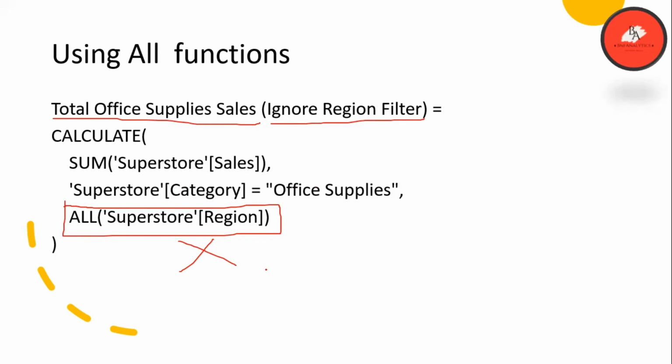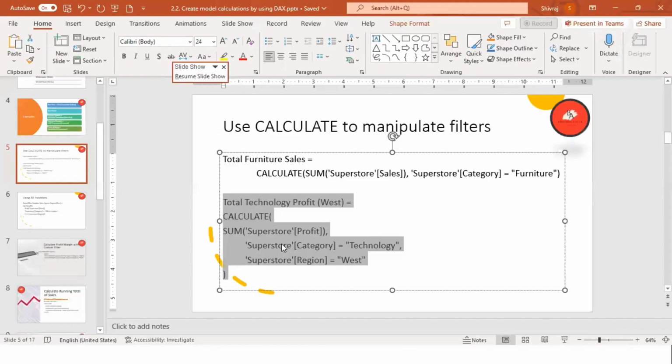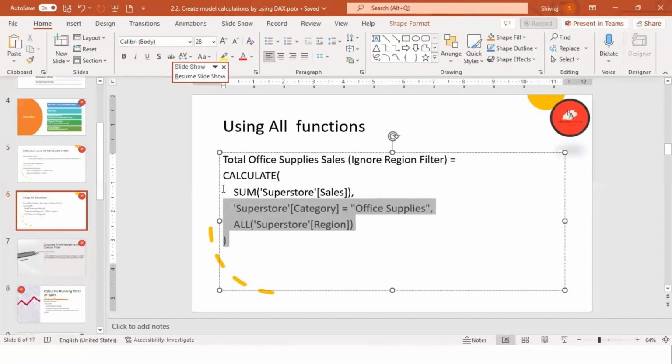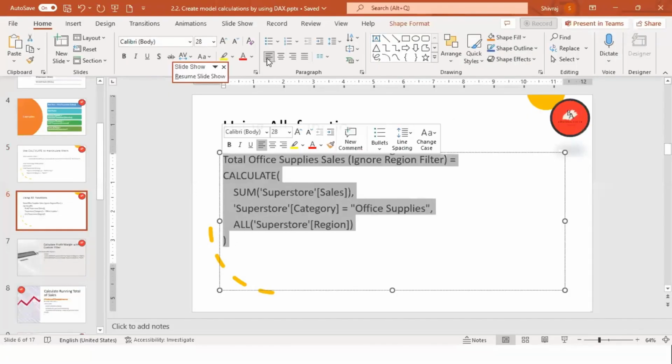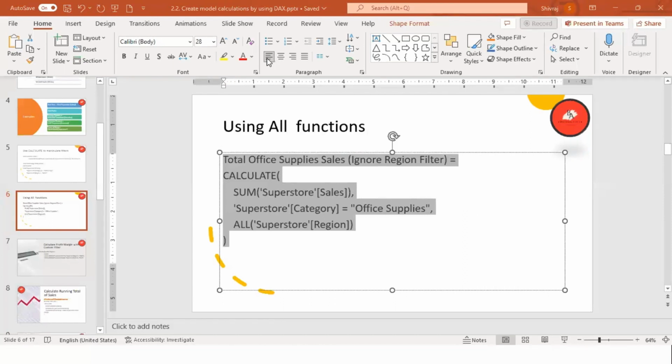Okay. So let's create it first. Let me share this particular DAX function with you so you can just copy it and it will not take much of your time.